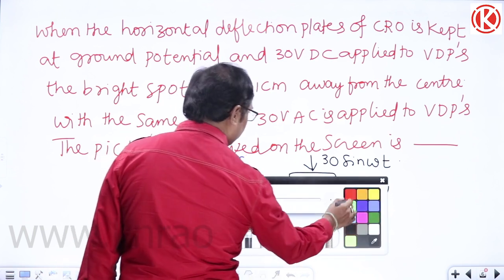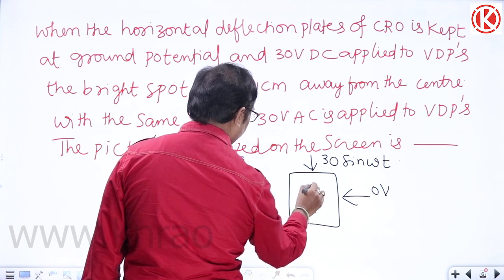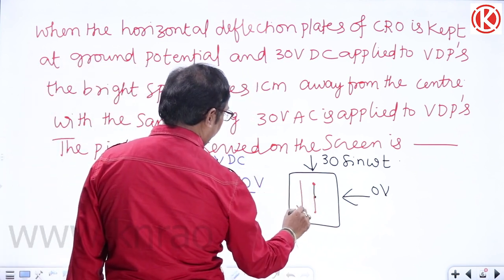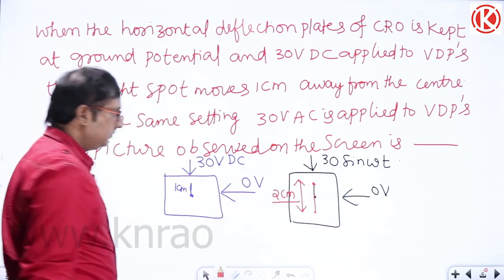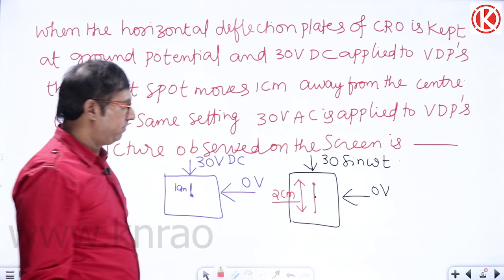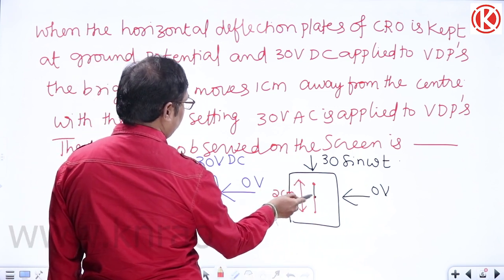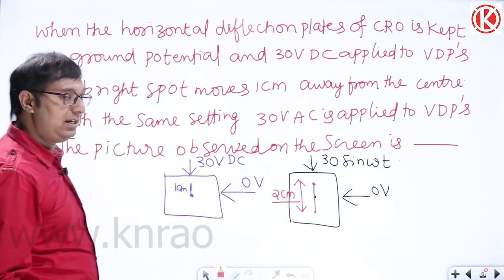In the negative half cycle, there is repulsion. So the 1 centimeter bright spot now becomes a 2 centimeter bright spot, a vertical line. Already discussed, a similar model. It goes from center to top to center to bottom, again to center, and continues as long as the supply is there.